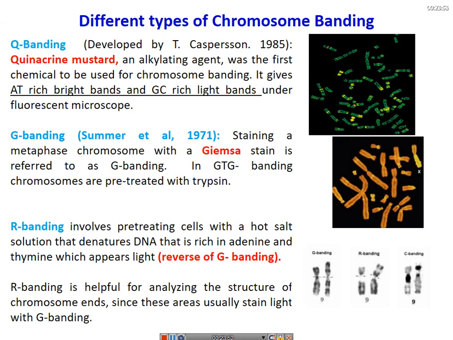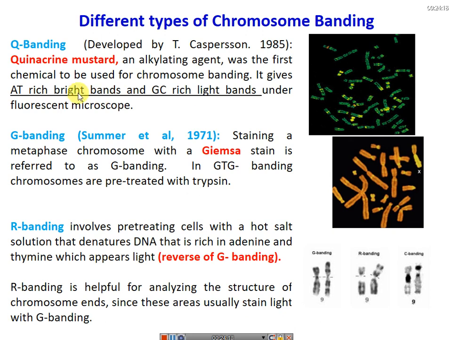Okay, Q banding. In this type of banding, we use quinacrine mustard, which is an alkylating agent. It stains the chromosome in such a way that it gives you a banding pattern. Bright and light bands appear on the chromosome. Like in this picture, you can see that some regions of the chromosomes are dark while others are light, right?